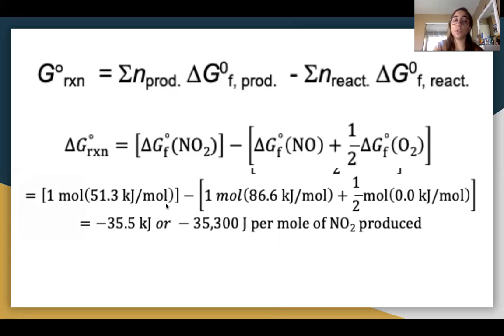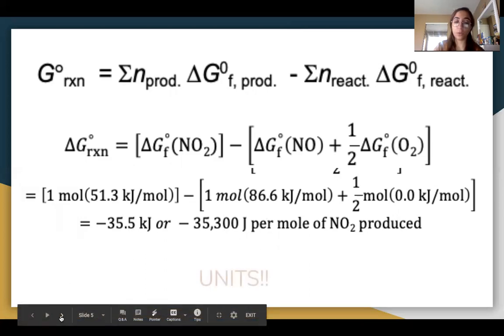It's really important to note that the values here are in kilojoules. However, when we determine the value for K, we need to convert everything to units of joules. So after you get this equation, make sure to move the decimal point 3 places to the right in order to get the value in joules. So do not forget to change the units.